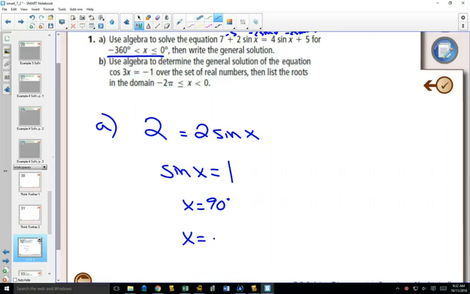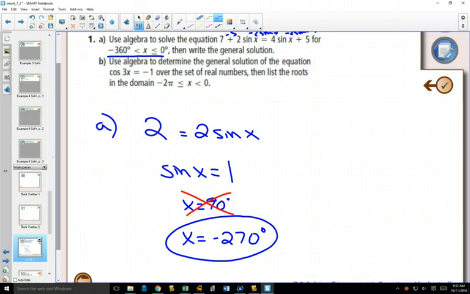Our answer is negative 270 degrees. Maybe we have to show that we know that x equals 90 degrees wasn't part of the answer because it was outside of our domain. It's not bad that we used that for work, but this is going to be our final answer.